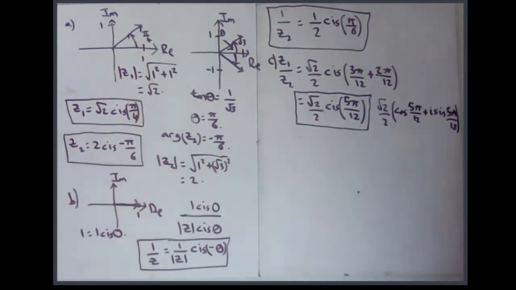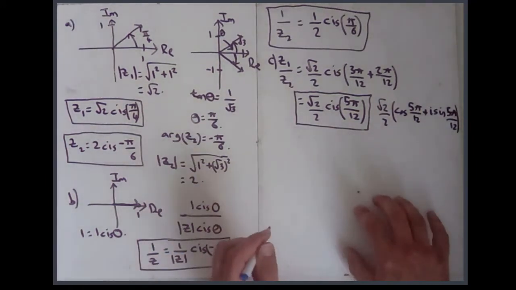That's what cis means. So if we do this division in Cartesian form as well, then we should be able to equate the real part and equate the imaginary part and deduce the values from there.